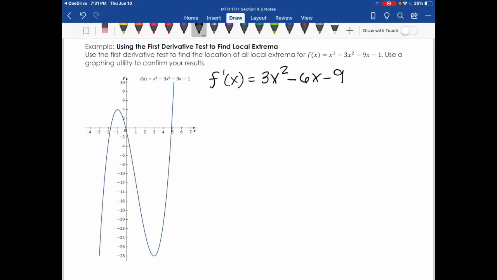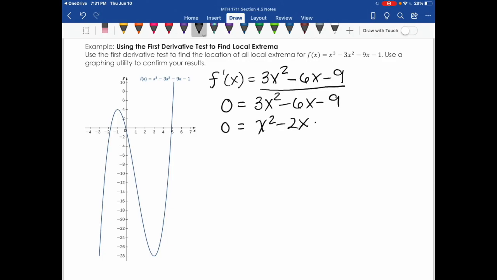When I take the derivative, I'm going to get 3x squared minus 6x minus 9. To find the critical points, I'm looking to see what values of x make the derivative either 0 or undefined. In this case, there are no values of x that would make the derivative undefined, but we can find values that would make it 0.